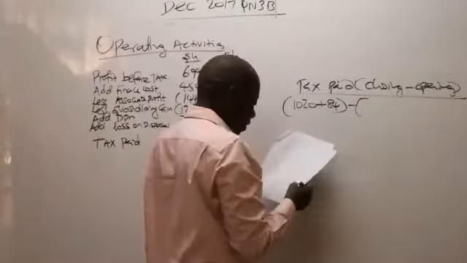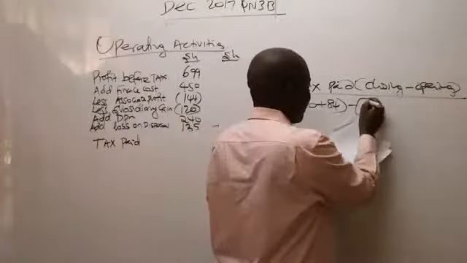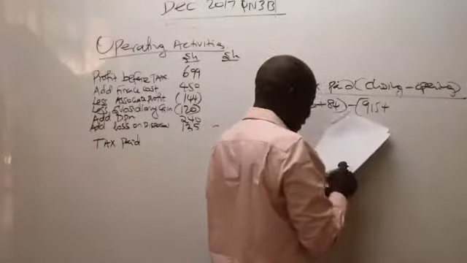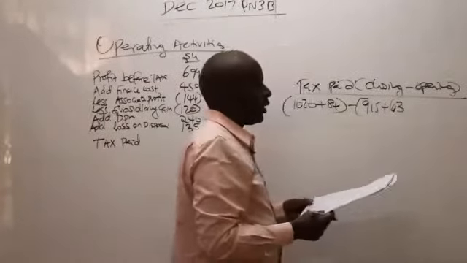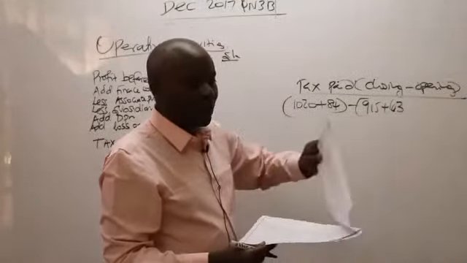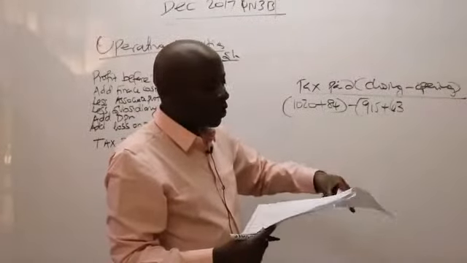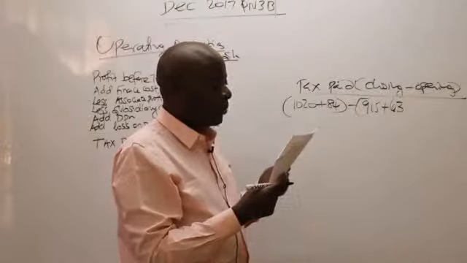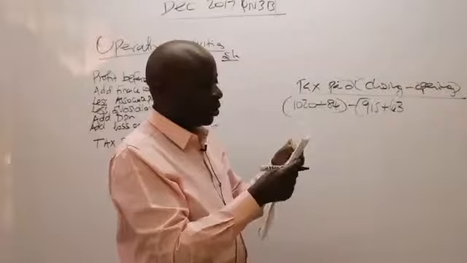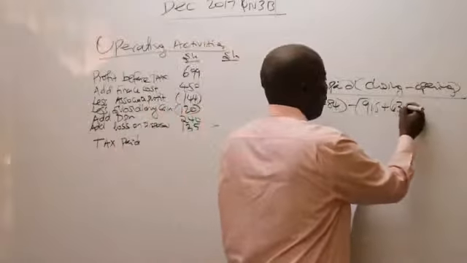Minus opening. So opening I can see 915 plus 63. But again, remember that there was a disposal that has to be adjusted in the opening amount. A disposal of 15.